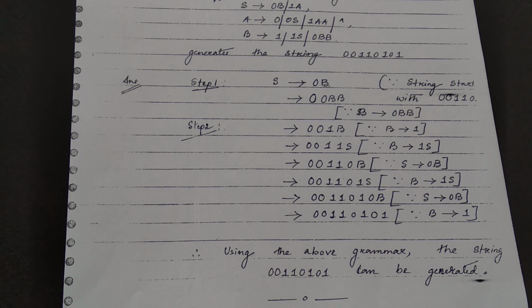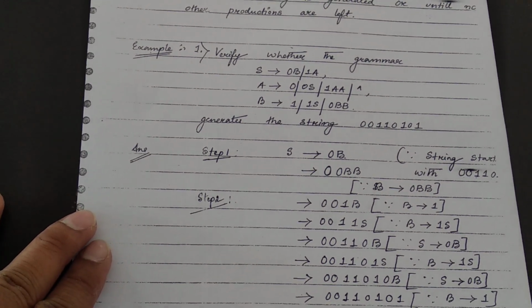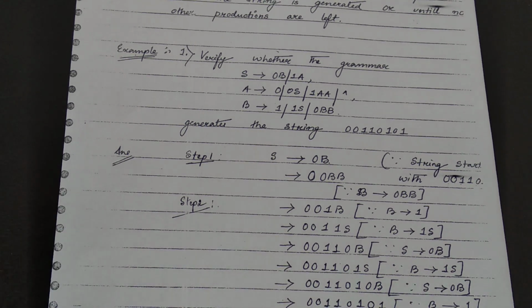This derivation tree is very, very important from your exam point of view, because next year you will be studying a subject called compiler design, where you have to design a compiler. For designing a compiler, the basic knowledge that you require is your derivation or parse tree.